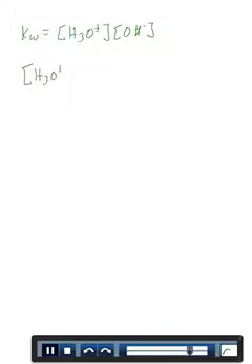Now, we want the pH, and so we need the H3O plus concentration, but we can use the Kw equilibrium, which is always valid in water, to get the H3O plus concentration from the OH concentration.